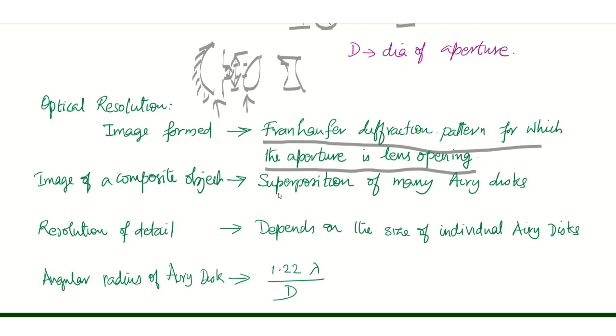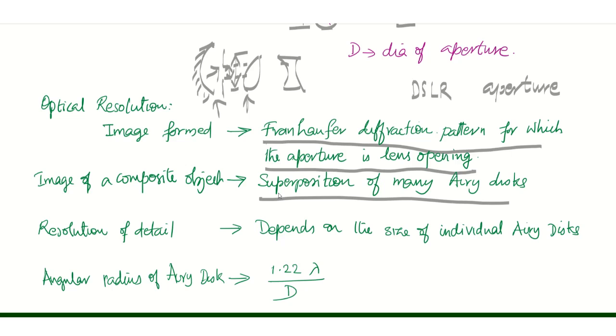And you may have seen that in DSLR cameras, for example, you can adjust apertures. That is what you are doing exactly. You use a circular aperture in front of the lens. Now, the image of a composite object is therefore the superposition of many Airy disks.